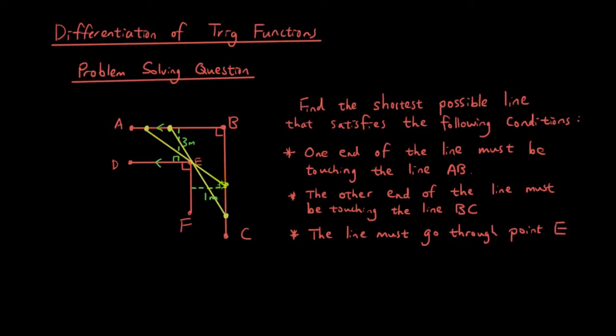Now I don't know which line is longer. It's for you to figure out, of the two lines that I've drawn, but I want to find the shortest possible line. Okay, so I'm going to leave you guys to do the work and come back when you are done.